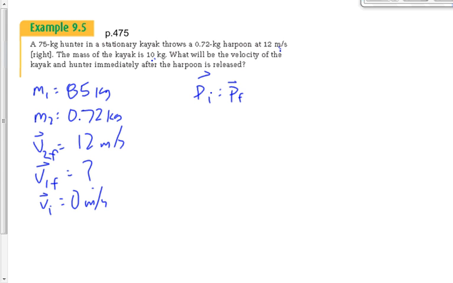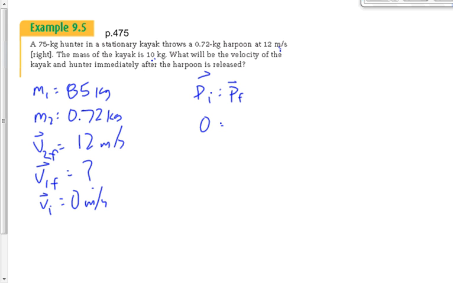But it probably makes sense in a question like this to say PI equals PF, the law of conservation of momentum. The initial momentum is 0. There is one object, the harpoon, hunter, kayak combination, but its total velocity is 0. So instead of writing a bunch of letters with subscripts, let's just say the total initial momentum is 0.